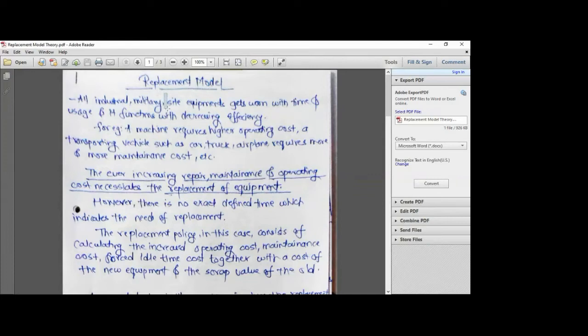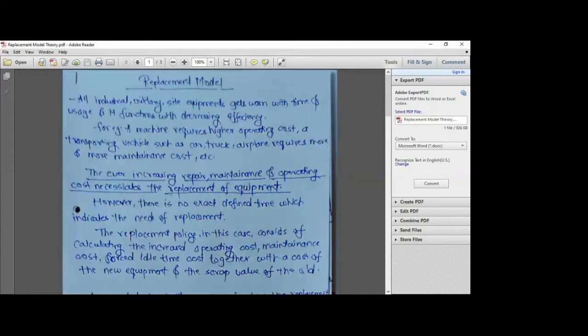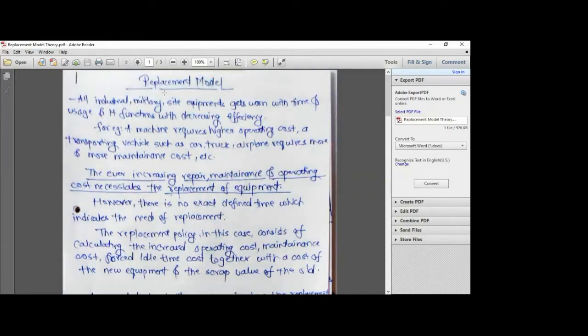Even at construction sites, heavy equipment is being used, starting from the excavation till the finishing works of any building or infrastructure project, which requires a huge number of equipments, right?